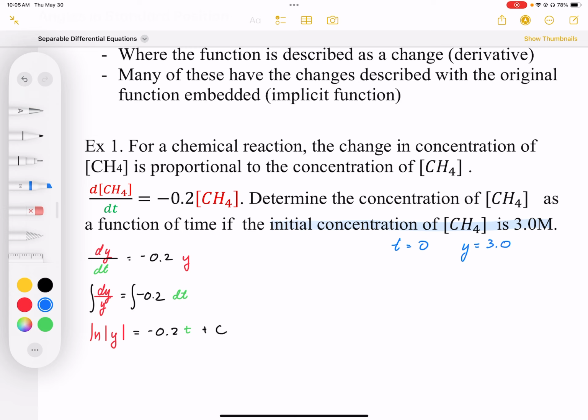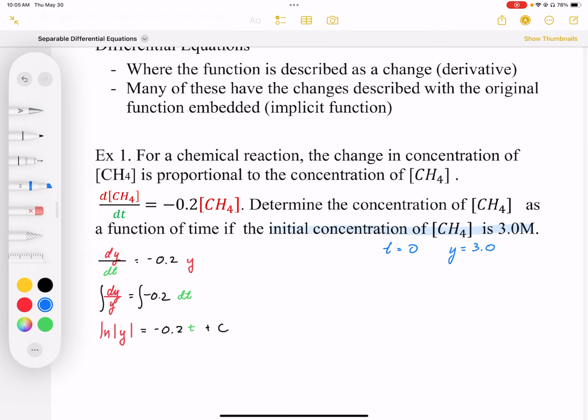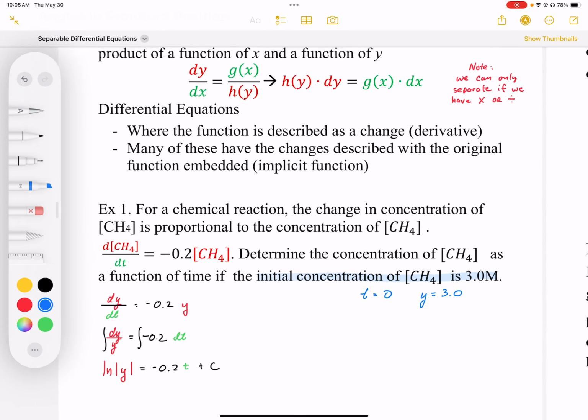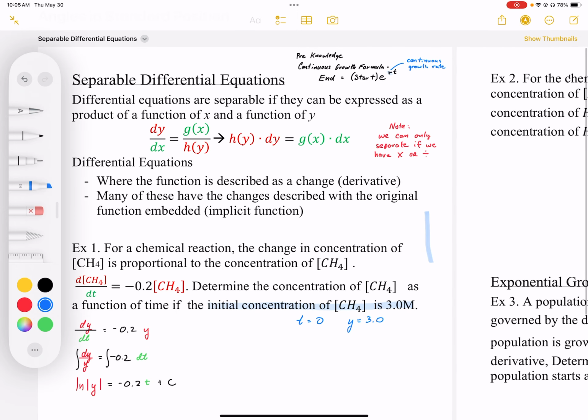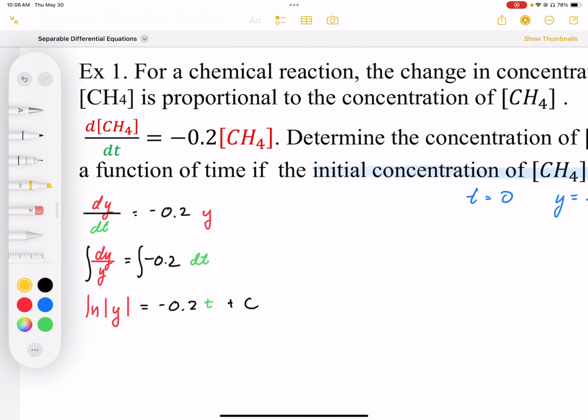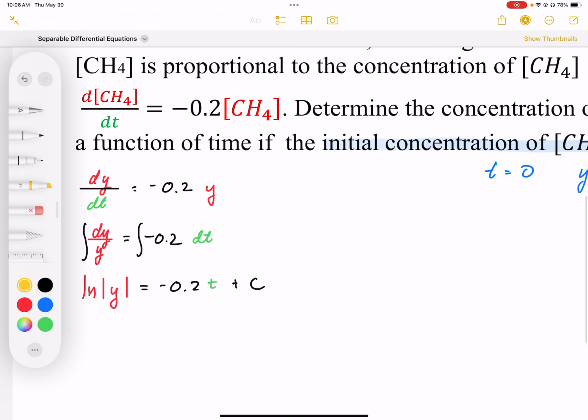Now, I do want you to recognize that these problems are exponential decay problems, so it does end up fitting our continuous growth rate formula. And that plus c actually is going to end up being the same as our starting value, which we're going to later call k. So I'm not going to solve for the plus c in this form.